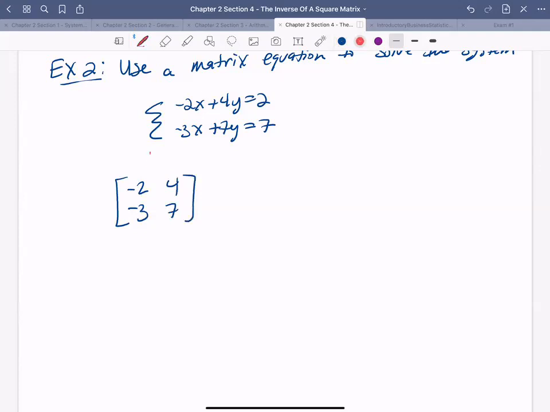We're going to call this matrix A. Matrix X will be our variables, which is X and Y. And then our matrix B is what it equals, which in our case is 2 and 7.